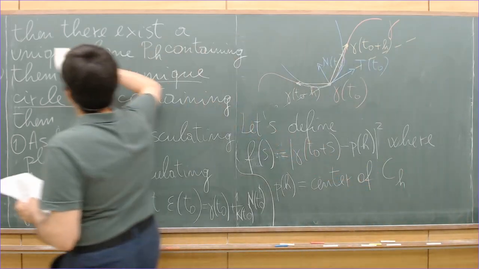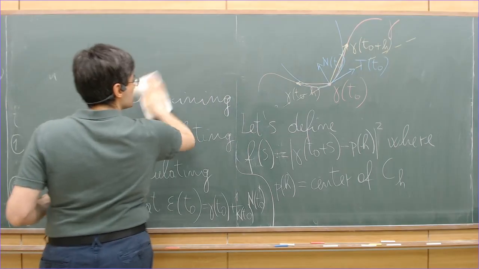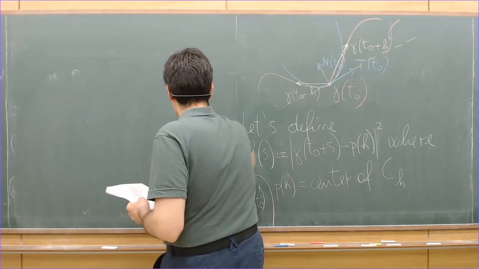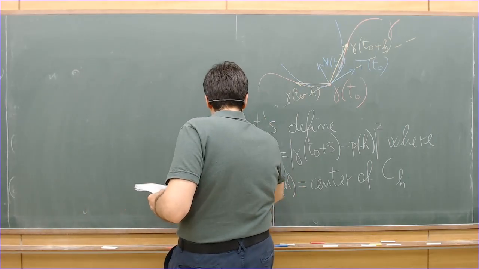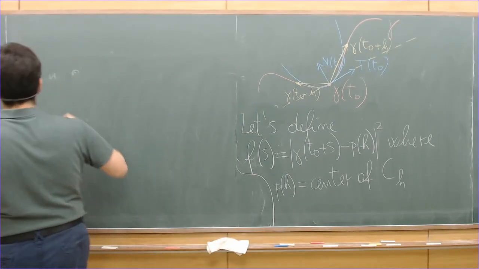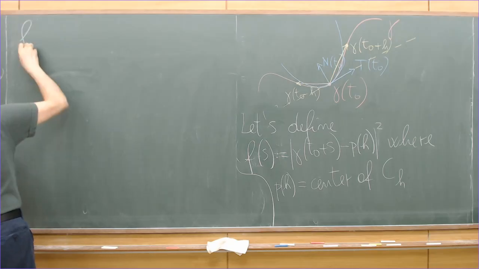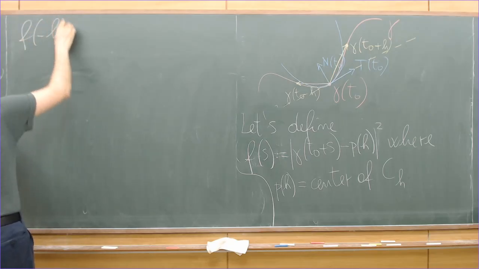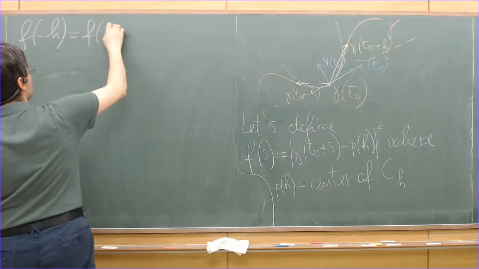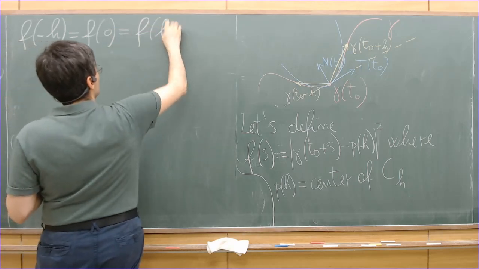Let's observe that this function satisfies the following chain of identities: f of minus h is equal to f of 0, and this is equal also to f of h.